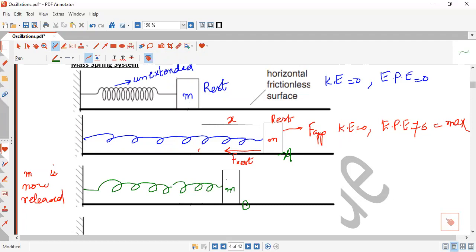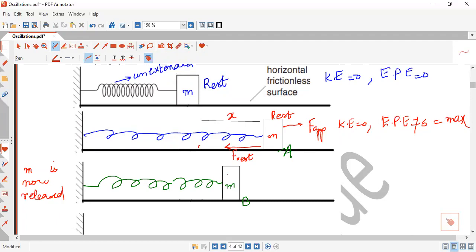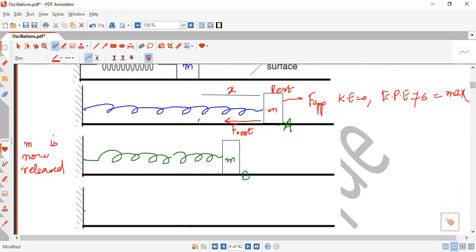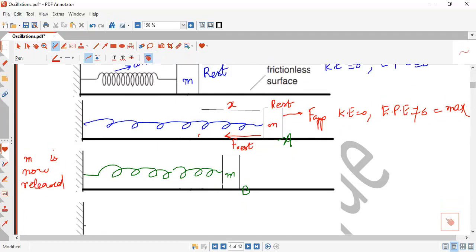So what will be happening to the restoring force here, students? Will it be less or more? Less. Very good, less. The restoring force will be decreasing, extension will be decreasing, elastic potential energy will be decreasing, so kinetic energy will be increasing. So is the speed, right?